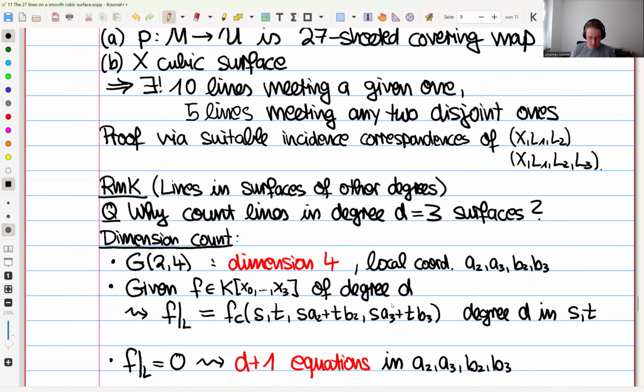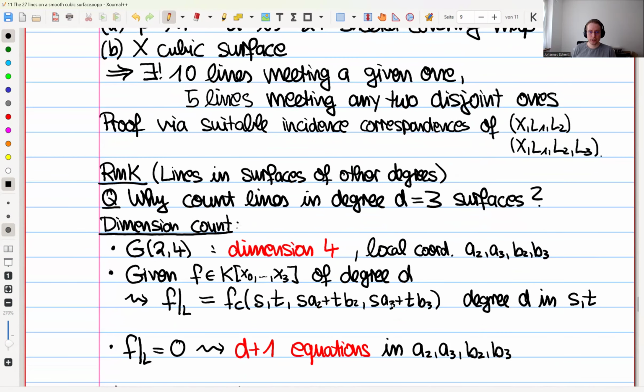Well, we can do one of these things called a dimension count. We can count how many lines there are in general and how many conditions they have to satisfy to lie in the surface. So if everything is inside P3, then the moduli space of lines in there is still the Grassmannian G(2,4), and we have seen this has dimension 4 and local coordinates given by these 4 coordinates here.